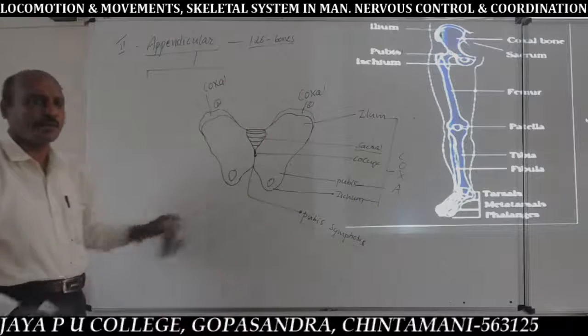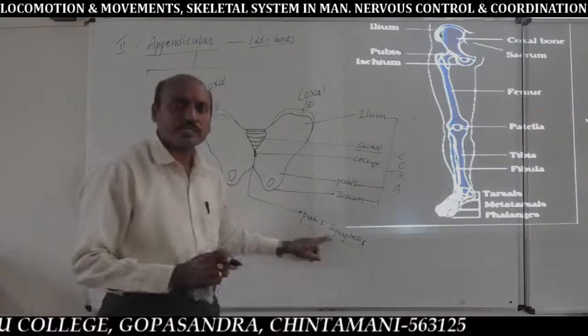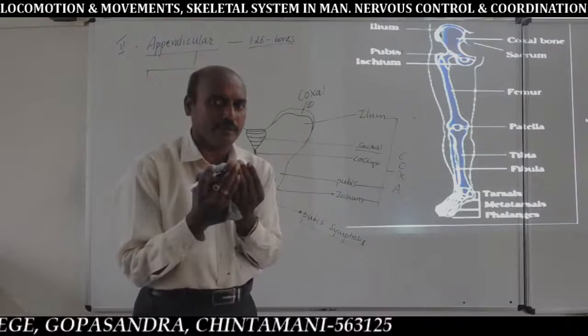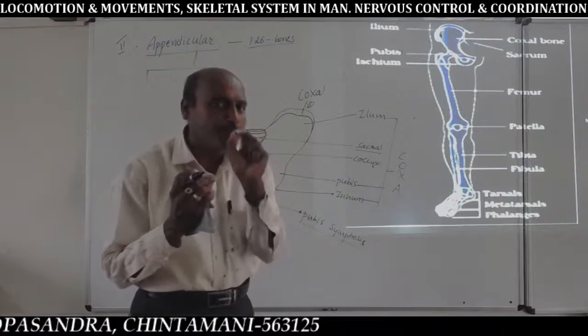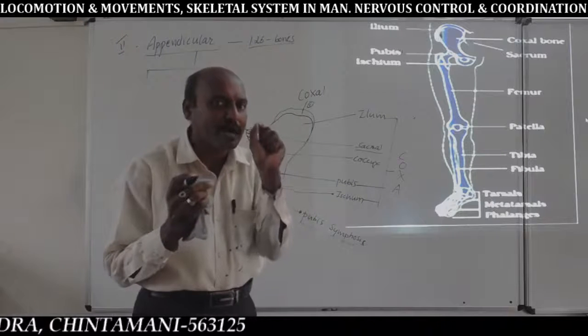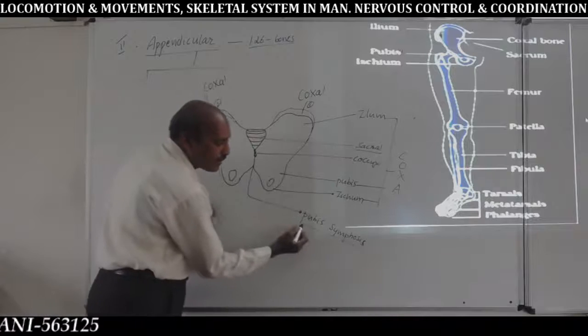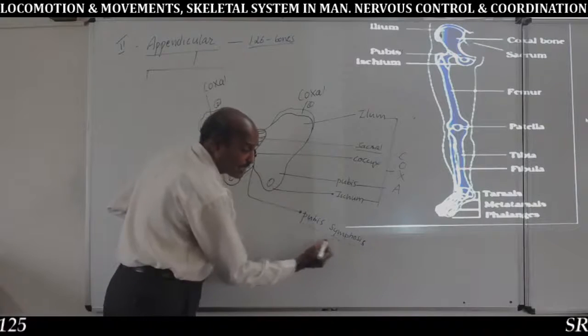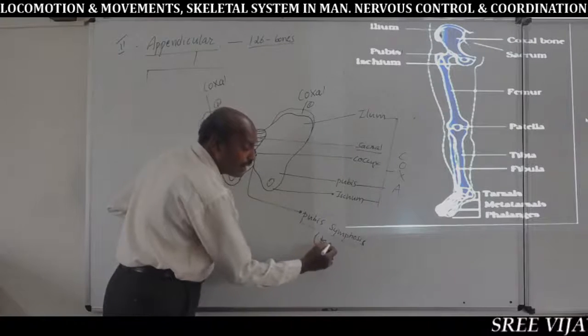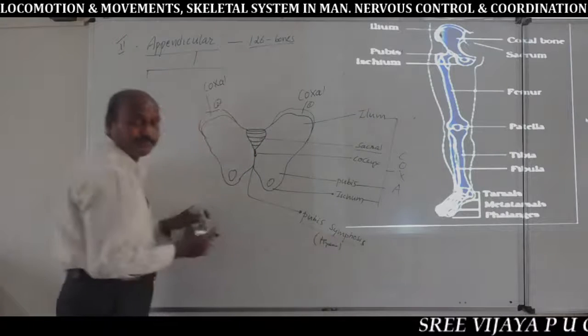Very important. Symphysis is nothing but fusion at the point of the pubic part of the two coxal bones. That's why this fused area is commonly called the pubic symphysis. It is made up of hyaline cartilaginous tissue.